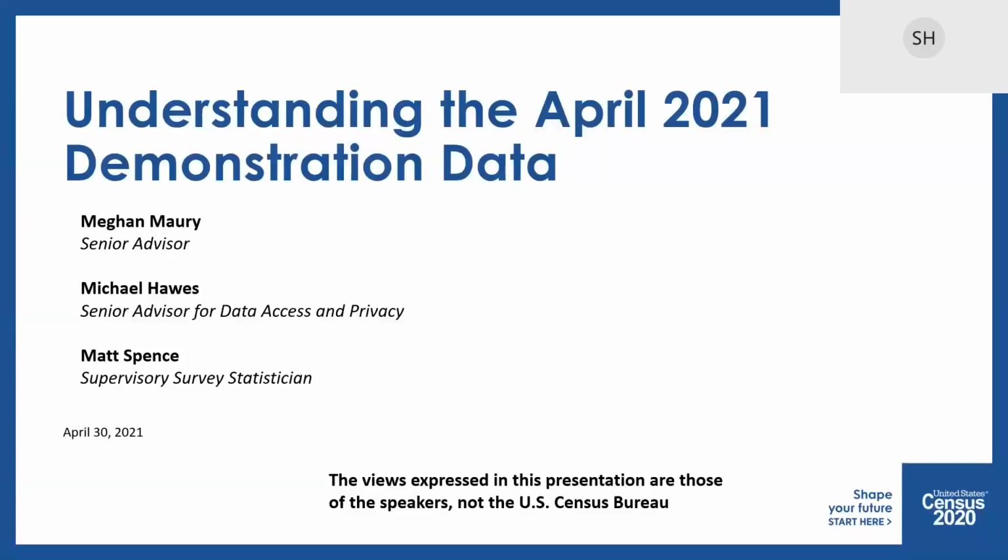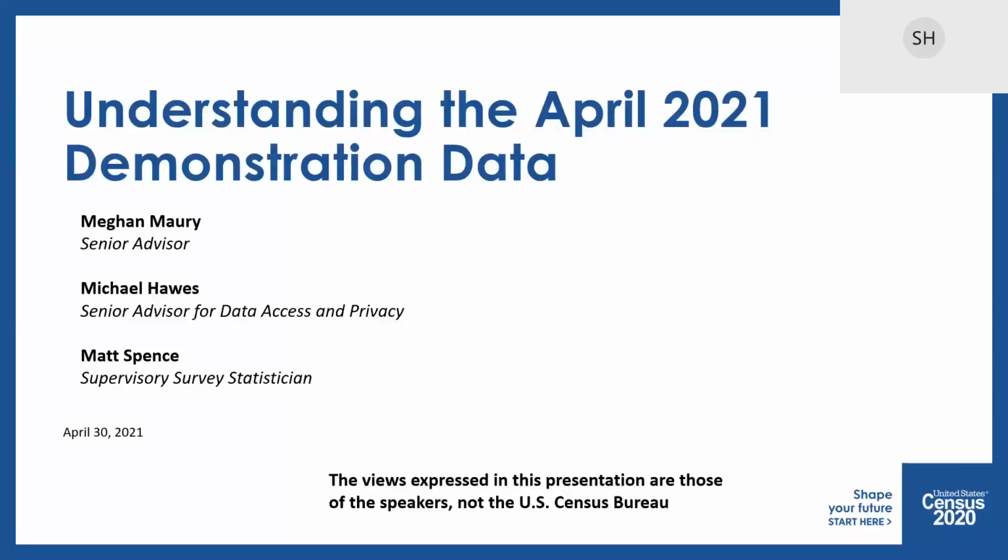He approaches the disclosure avoidance system both as an internal data user, looking at how changes to the algorithm perform for the purposes of his own data use, but also is part of the team that's helping to provide the tools that let internal and external data users more easily see the changes to the algorithm reflected in the ultimate data that's produced. And there's Matt now.